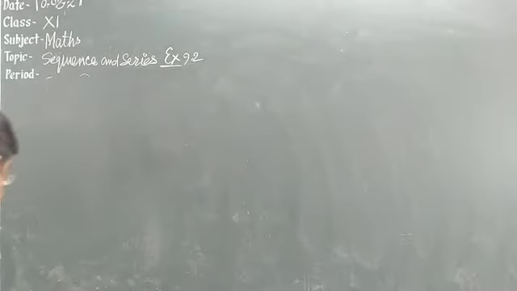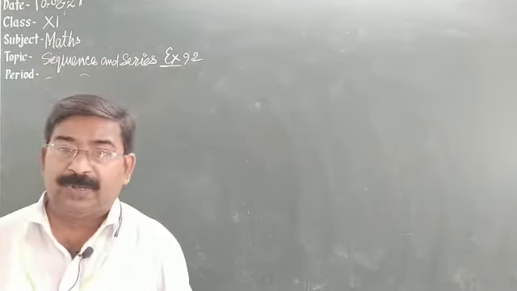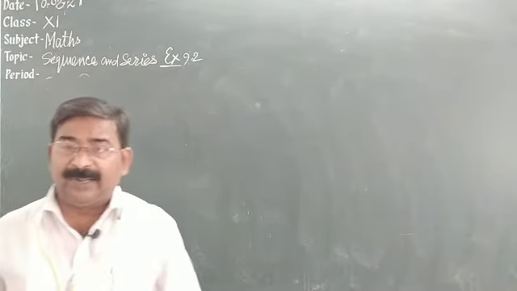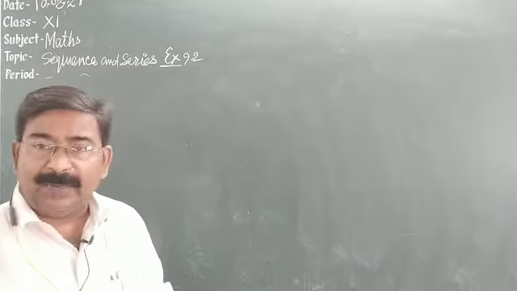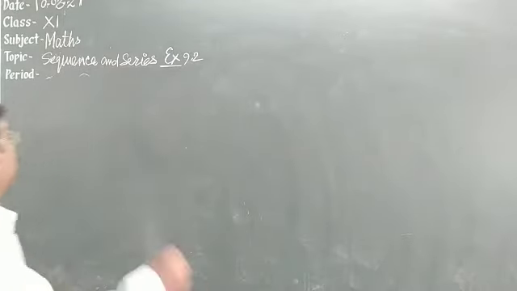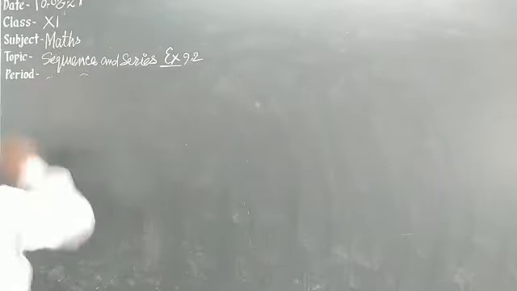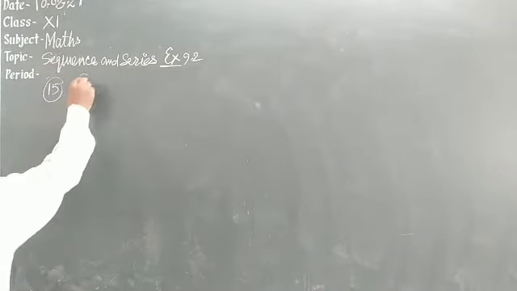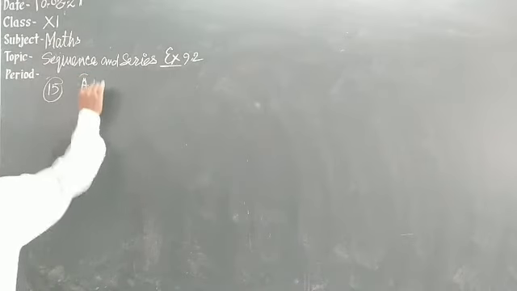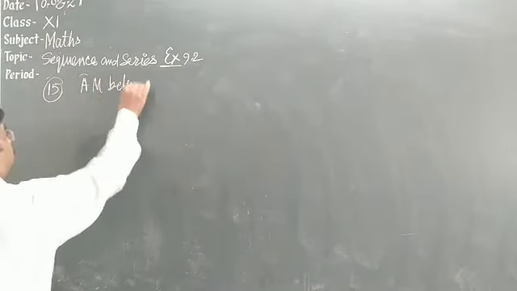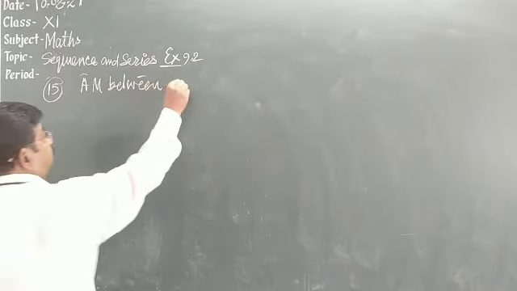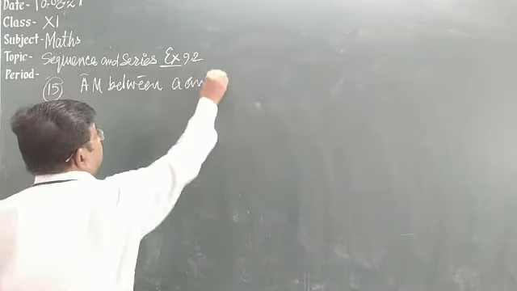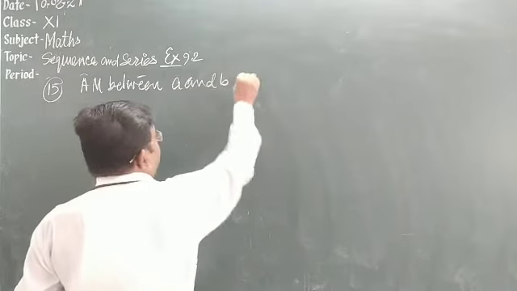We are given that (a to the power n plus b to the power n) upon (a to the power n minus 1 plus b to the power n minus 1) is the arithmetic mean between a and b. Arithmetic mean, that is AM in short. So we write, this is question number 15. The AM between a and b is what?